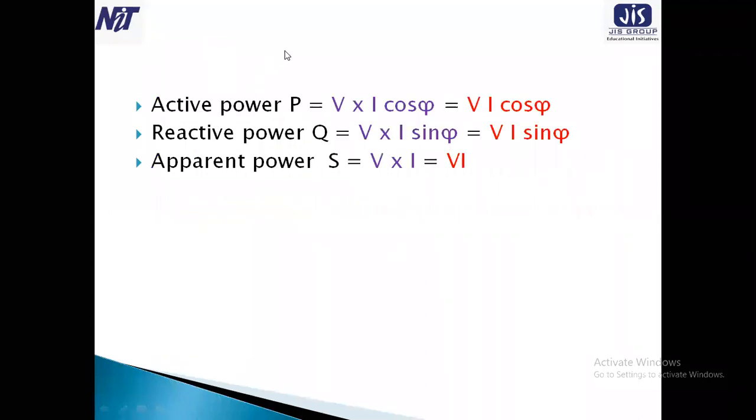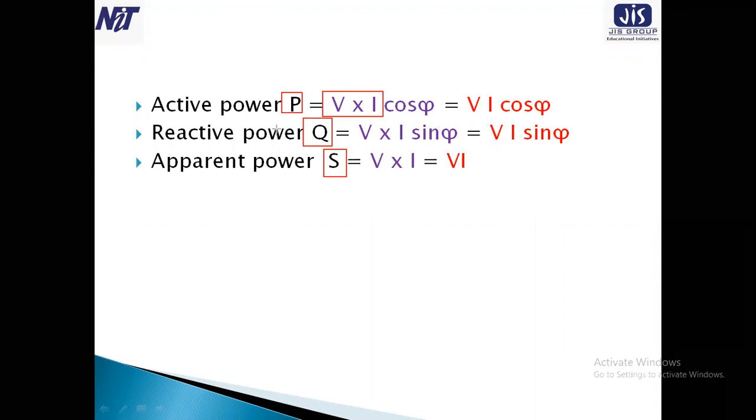Now we already talked about the equations of active power. The active power is represented with P, the reactive power is represented with Q, and the apparent power is represented with S. P equals VI cos phi, where V and I are the voltage phasor and current phasor, and phi is the angle between these two phasors.